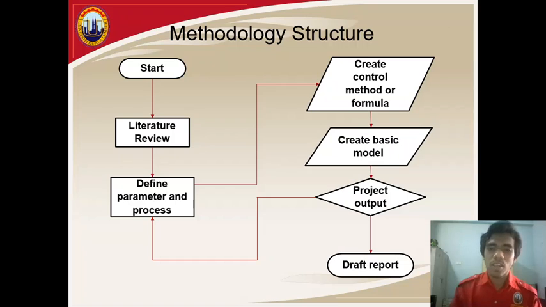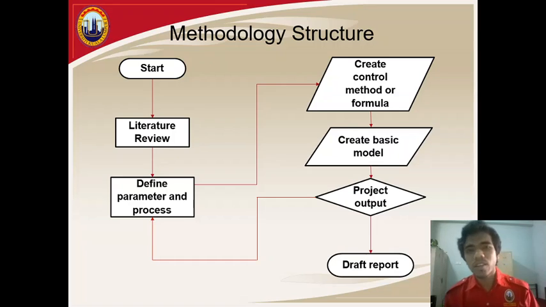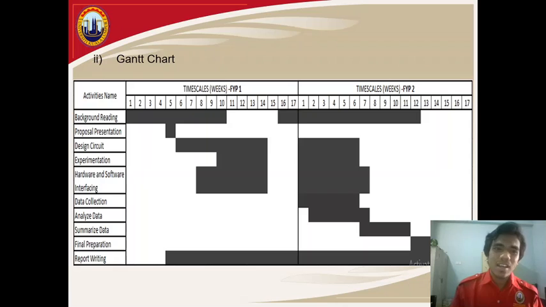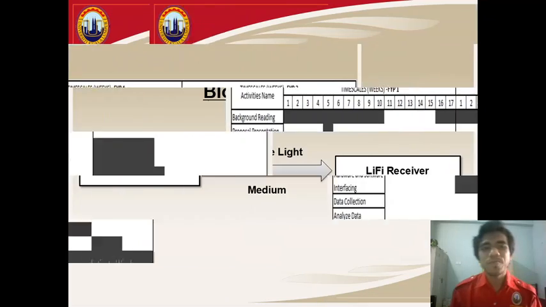If the output is not good or not suitable, or maybe has errors, then just go back to define or search for another parameter that will be suitable for the process, or just proceed with the parameter but the process needs to be changed. Okay, then this is my Gantt chart for FYP1 and FYP2.